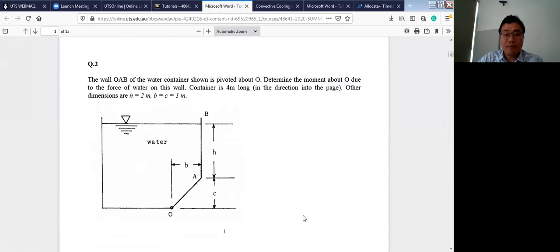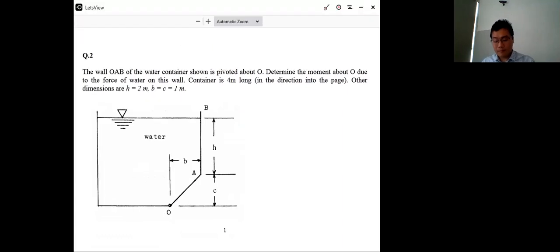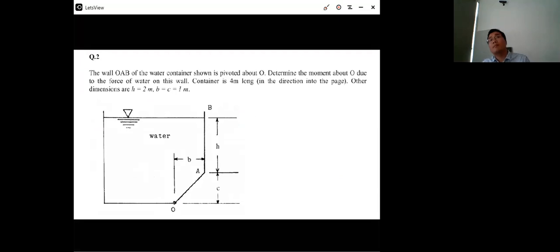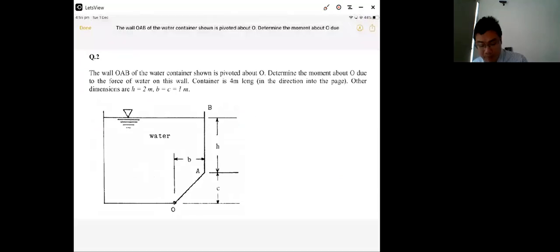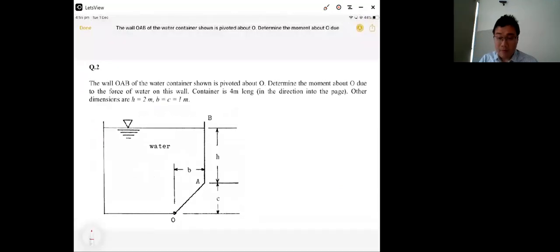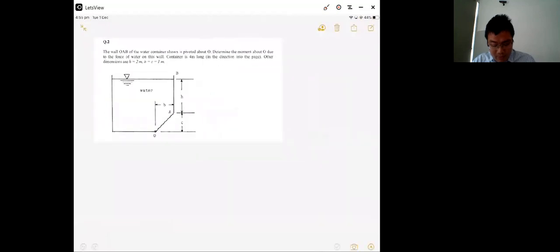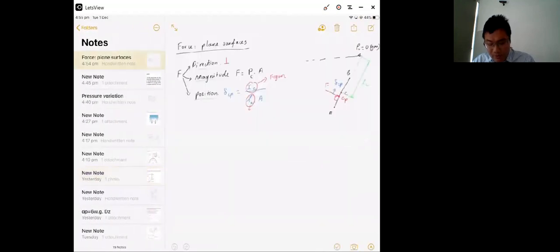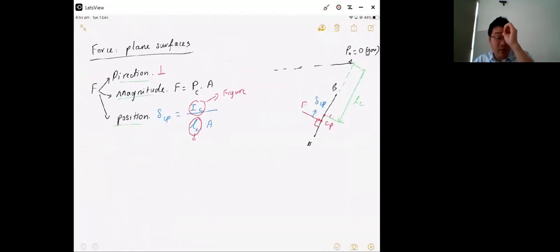Okay. Do you have any questions about how to find the force on plane surface? This is what we studied yesterday.